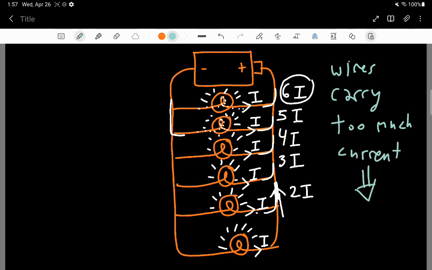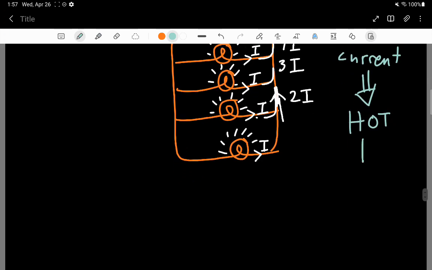What this leads to is the wires themselves become hot, and when the plastic coating around the wire gets hot, it might light on fire. And so this becomes a fire hazard, right?